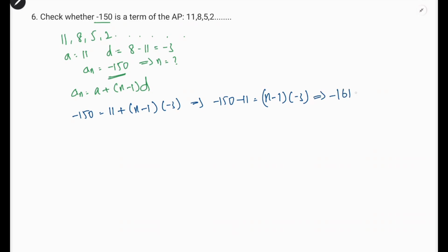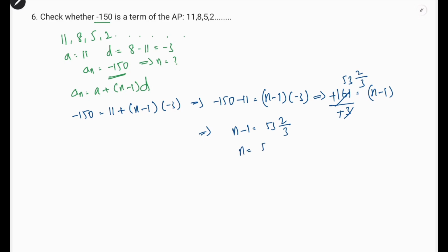Minus 161 is equal to n minus 1 into minus 3. Bring minus 3 to the left side, it will be divided by minus 3. Minus and minus gets cancelled. 161 by 3 is 53, 2 by 3. See, n minus 1 is equal to 53, 2 by 3.